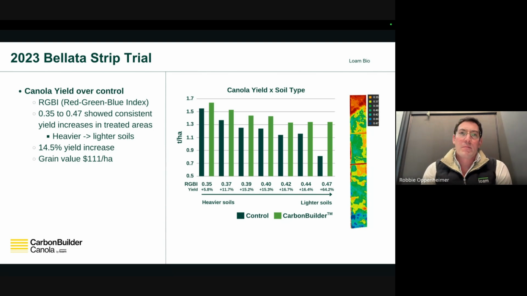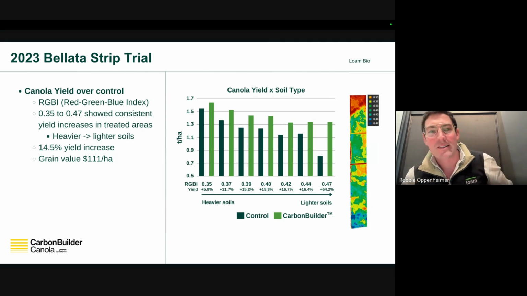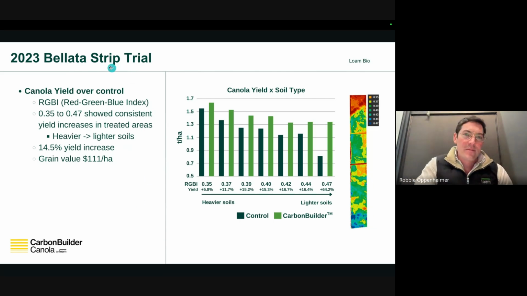This is a trial run by Outlook Ag, and they did a piece of analysis on this, which has been really insightful and something that I now want to do on all of our strip trials. So same strip trial design, treated and untreated strips, more than 30-hectare paddock in Balaklava, but they broke it down into the different soil types within that paddock using this red, green, blue index from satellite mapping.